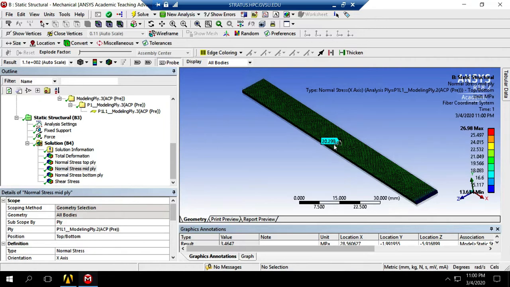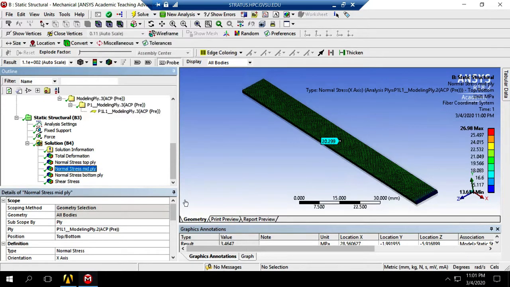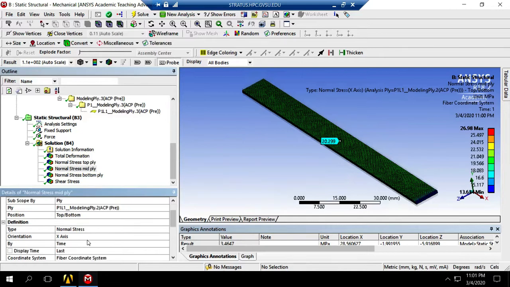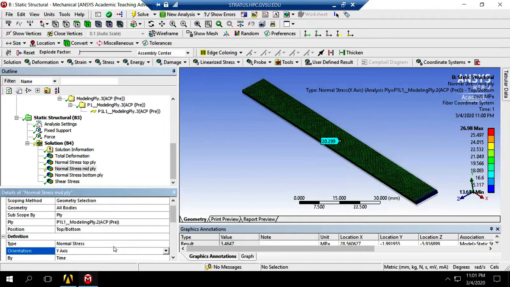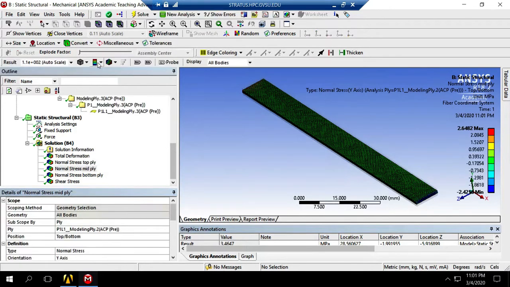If it exceeds that, we have failure. And you do the same for y direction, the transverse direction, this is my stress, and then you can see tau LT here, which is what I found for you guys.